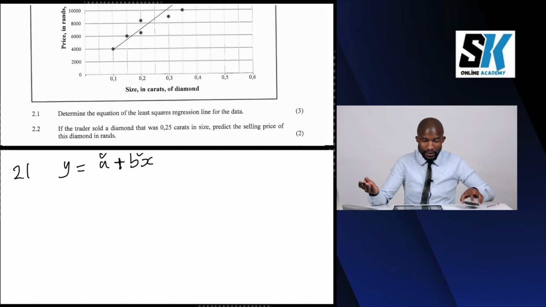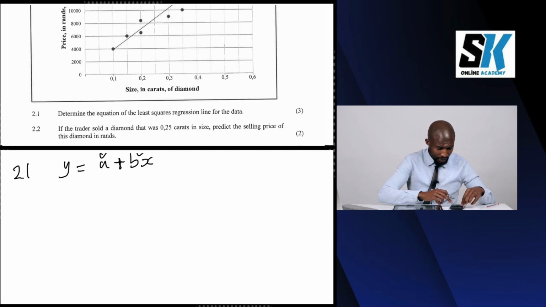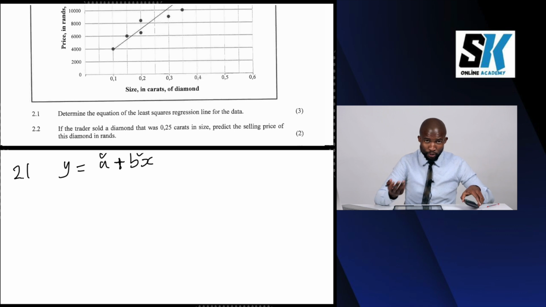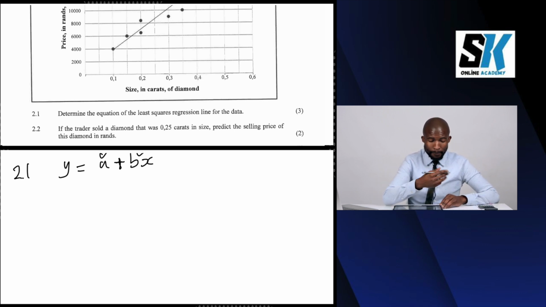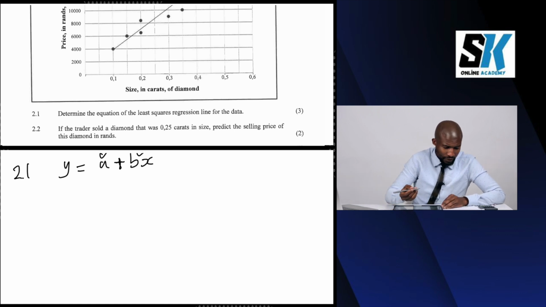To make things easier, I will give you the information that you need to use to get the equation. So it's all about applying your calculator skills basically. I'm just going to give it step by step. I believe here we have 1 up until 9 steps, but I'll try to simplify it.